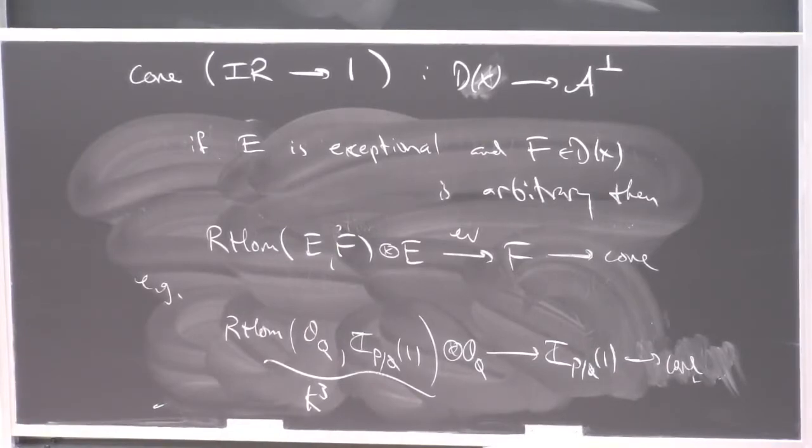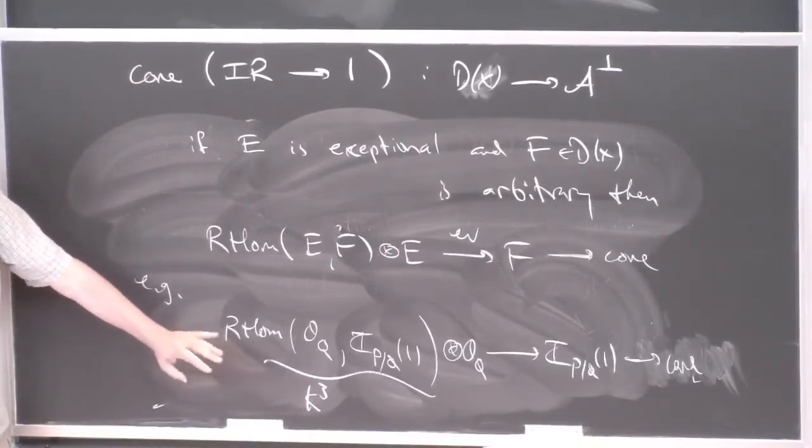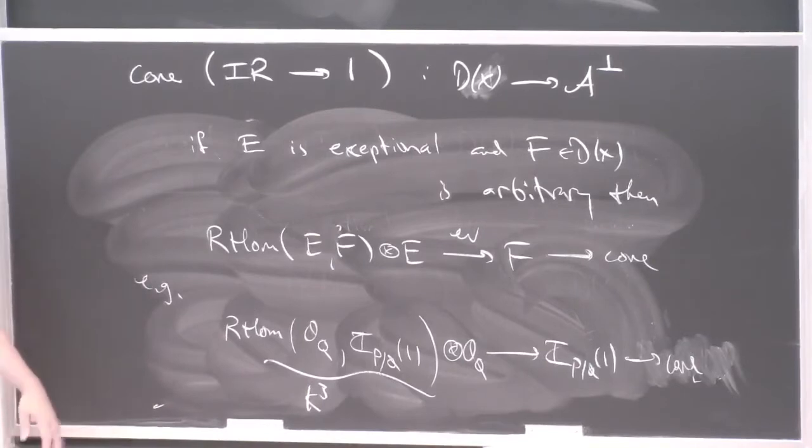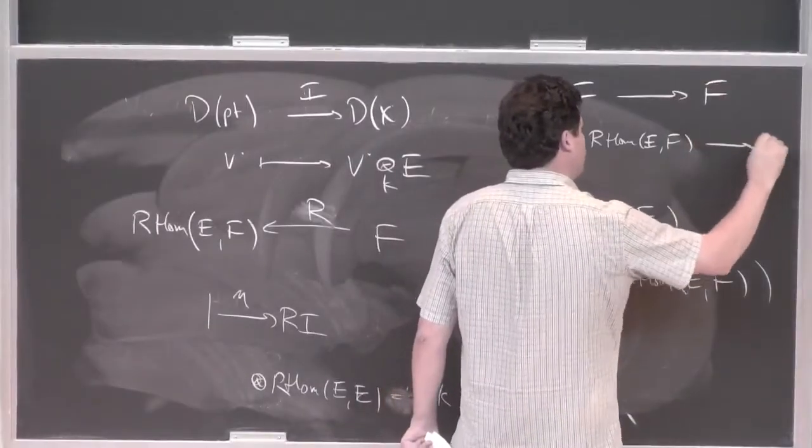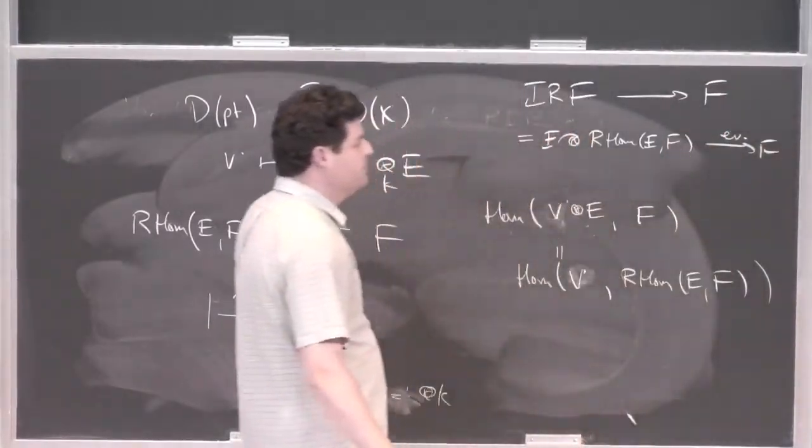But I claim in this new, much more categorical setting, the reasonable geometric thing that we did when we were playing with explicit examples has this categorical incarnation. Right? I R F, when I is this and R is that, is exactly R hom(E,F) tensor E, and the map from there to F is the evaluation.